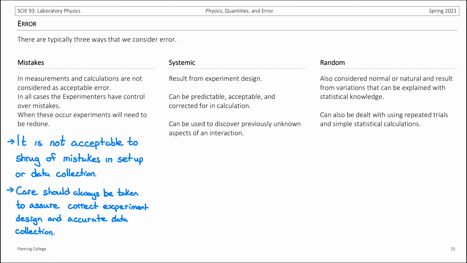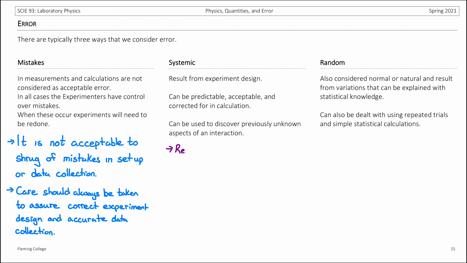Other types of errors are acceptable, not in that we want to just ignore the error, but that we can work with the error that we've been given. So systemic errors often result from experiment design, but they can be predictable, acceptable, and even corrected for in calculations. Often, when we have a systemic error, this can lead to the discovery of a previously unknown aspect of an interaction.